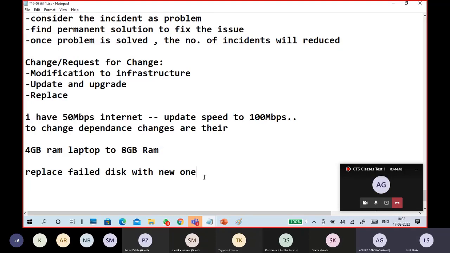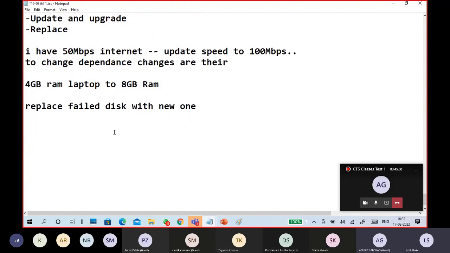Okay, this thing, guys, is compulsory. When you do any changes, you have to tell all other teams and departments what changes have occurred.